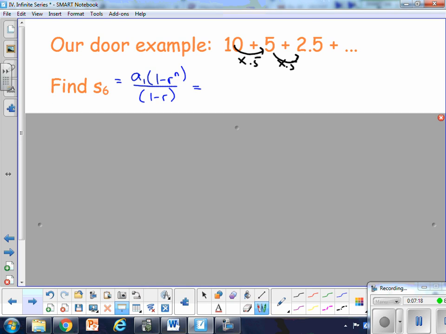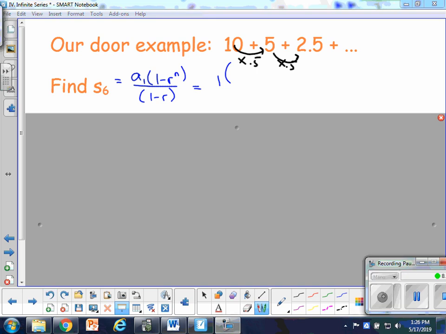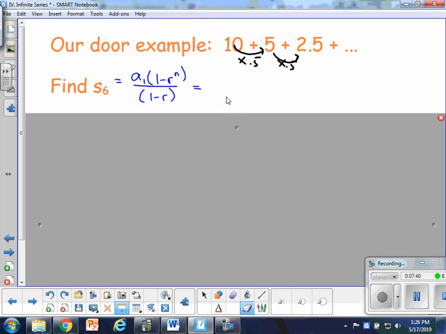So for this example, a1 is 10, 1 minus 0.5 to the n, which is 6. Sorry, this board's getting a little bit off here. Okay, let's try that again. We have some technical difficulties. First term is 10 times 1 minus 0.5 to the 6th power, all over 1 minus 0.5.